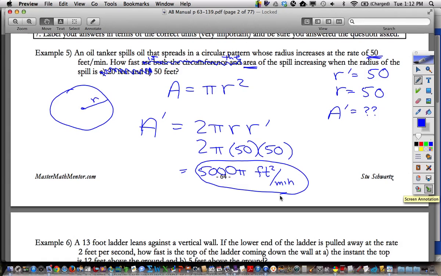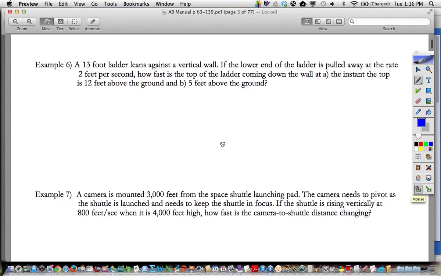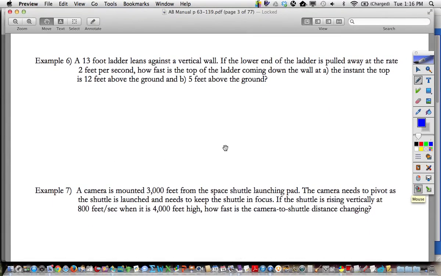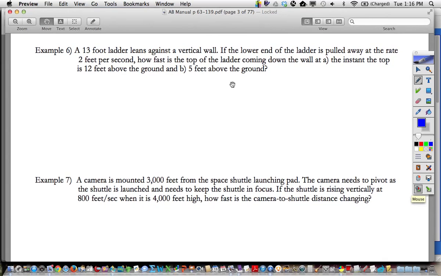Okay, now let's go through a couple that get a little more difficult, that add a little bit more to it. Number 6 here. A 13-foot ladder leans against a vertical wall.